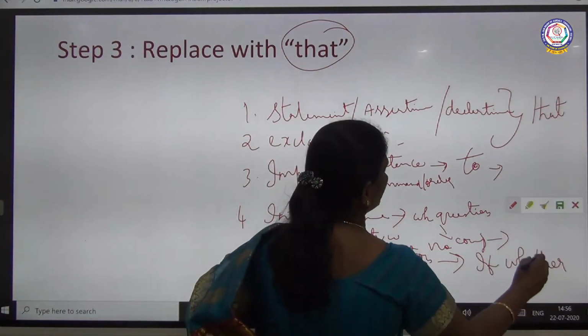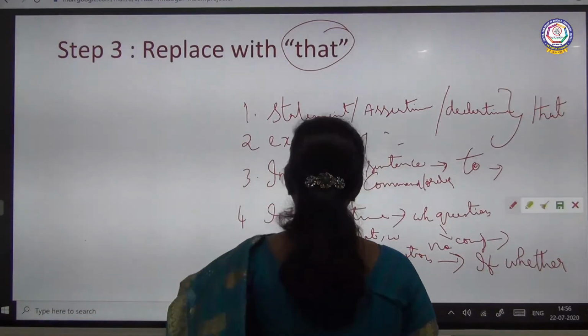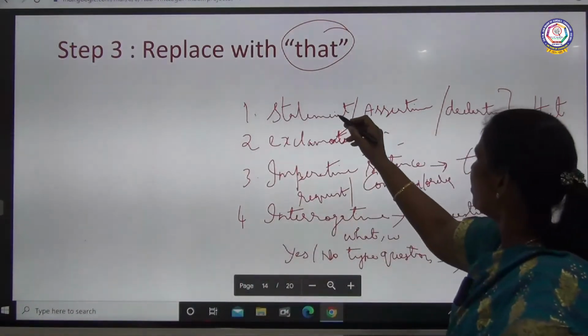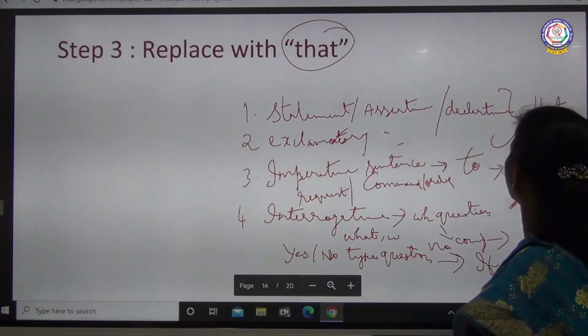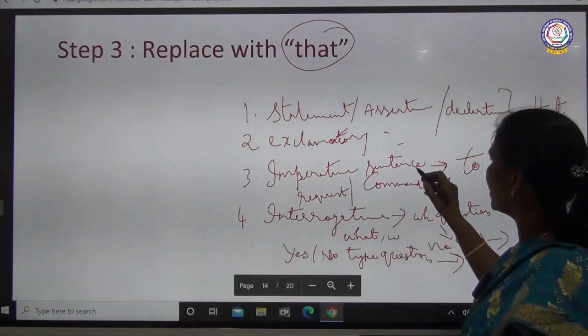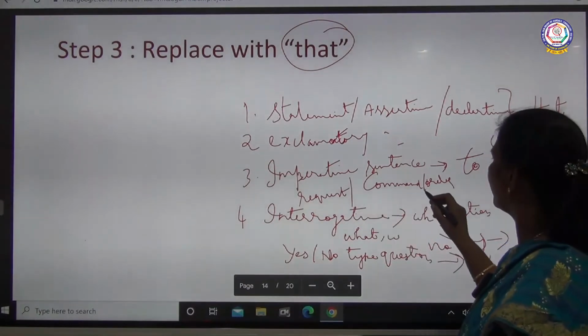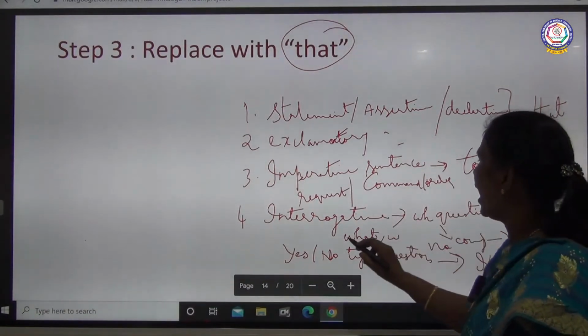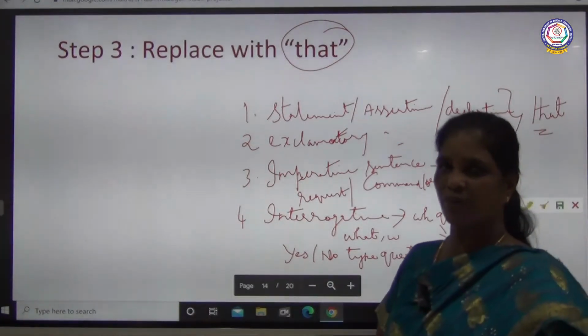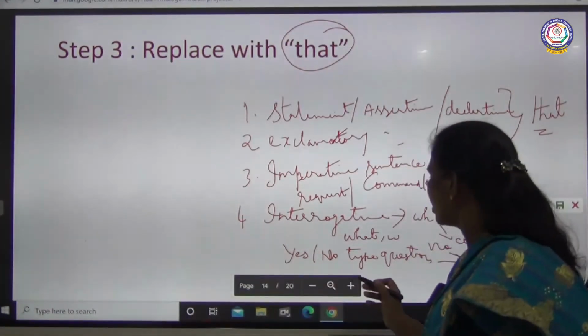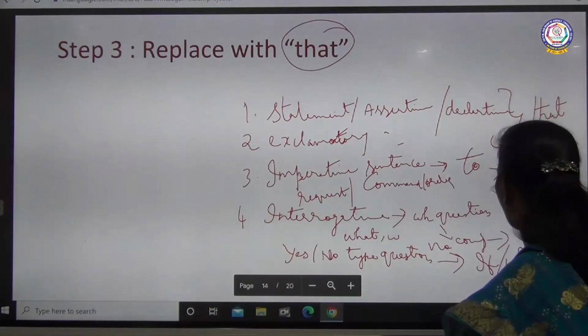So in adding the conjunction itself, there is so much rule. For statement, assertive, declarative or exclamatory sentence, you will have that. For an imperative sentence, or request or command sentence, you will be having to. For an interrogative sentence, WH questions have no conjunction, it has an allergy with the conjunction, and yes or no type questions will be having if or whether.